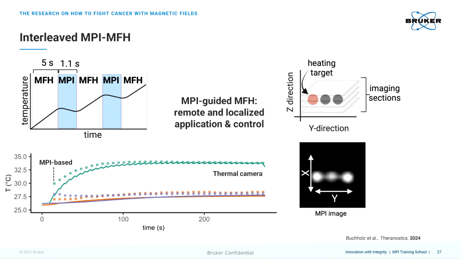By having 3 different phantoms in one direction, we selected the left particle vial to be heated up locally, and we have reconstructed the temperature of all the 3 different vials. And this is a thermo camera, the full lines, and the dots are the reconstruction by MPI. So there is a strong relationship between the 2 different signals, indicating that MPI could have a huge impact for future hypothermia.